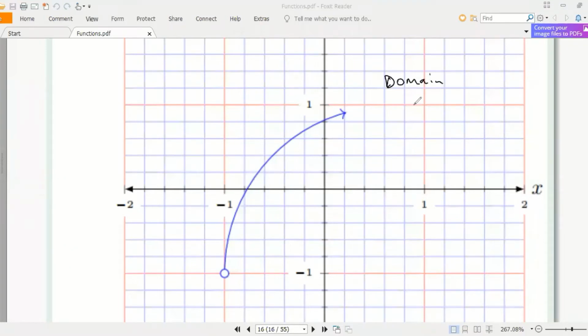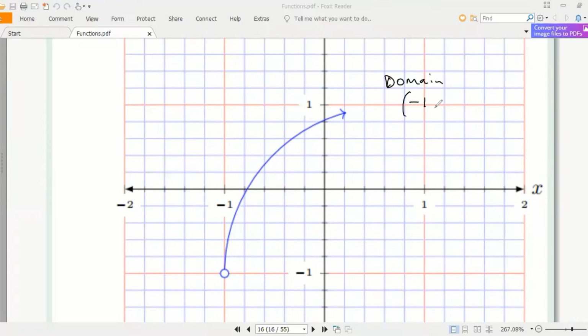It is negative 1. Is negative 1 included? This point here is a circle. It's open, not included. Negative 1 is not included. If I use that, I cannot use the square bracket.